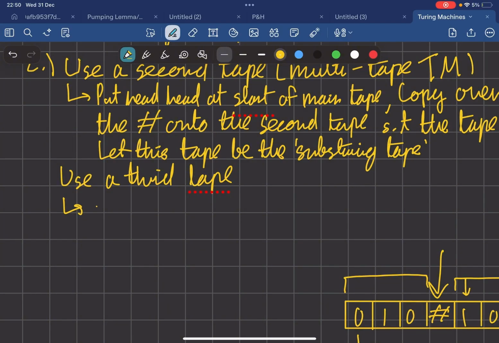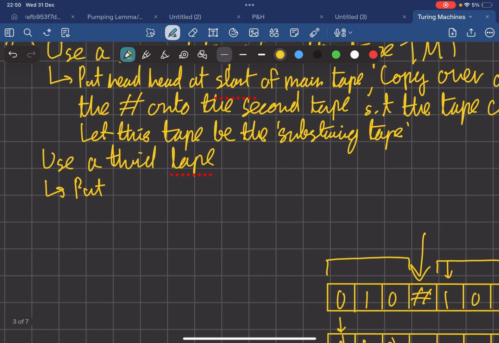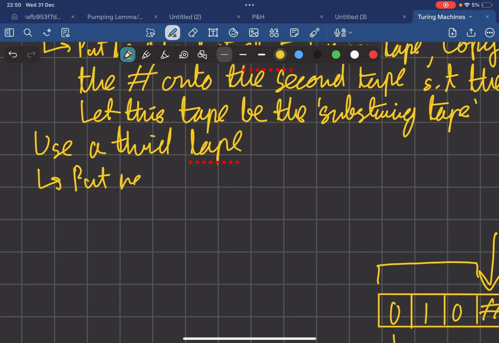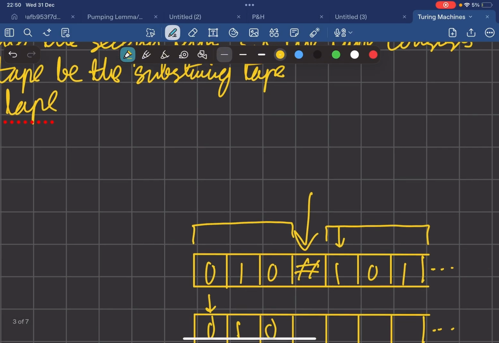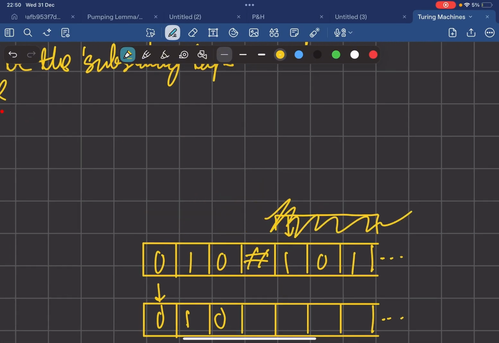Now let's say to put the read head of the main tape at the start again. So when I say this, I just mean, oh sorry, not the start. Put the read head of the main tape directly after the hashtag. So we're just saying for the main tape, you want the read head to be right here.